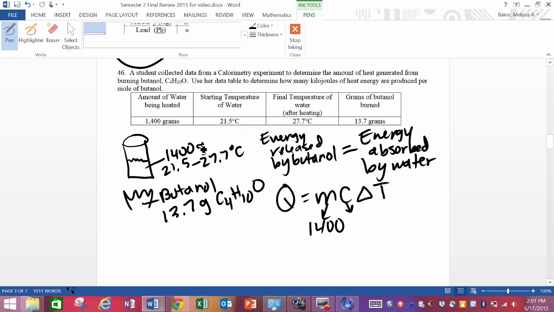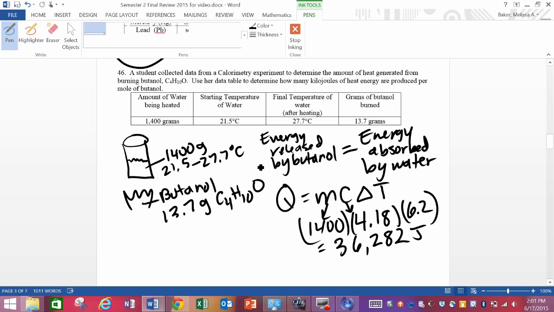The specific heat for water, check it out on your sheet, it's 4.18. The temperature change here, it's going up by 6.2. Multiply that together and you get 36,282 joules. That's how much energy the water absorbed.